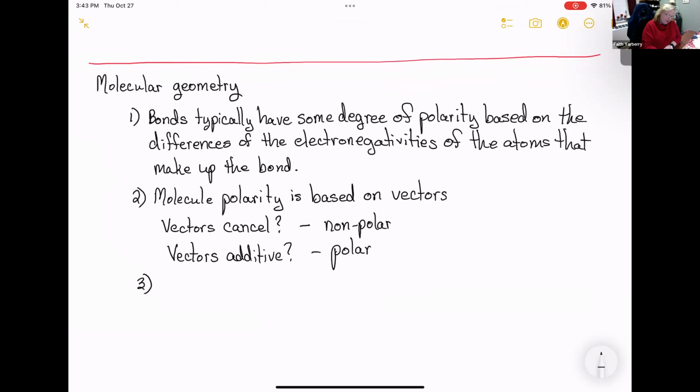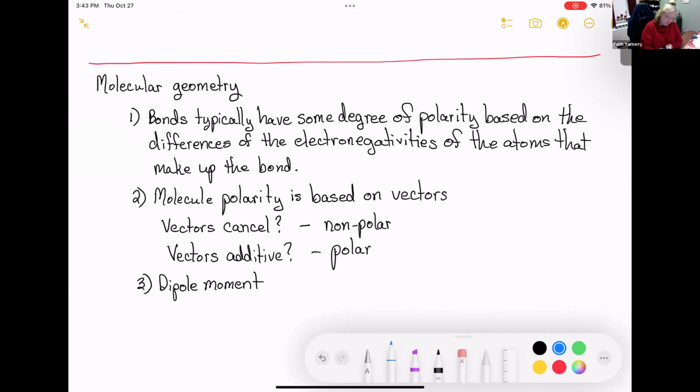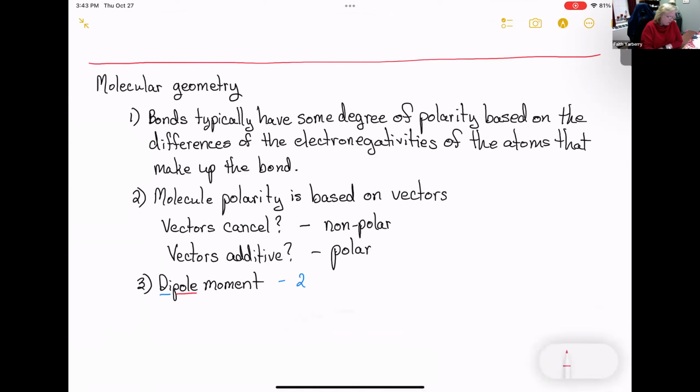Now, the third thing that came up in that video was what would be considered a dipole moment. If we break this term apart, we have di, which means two, and pole, so two poles.